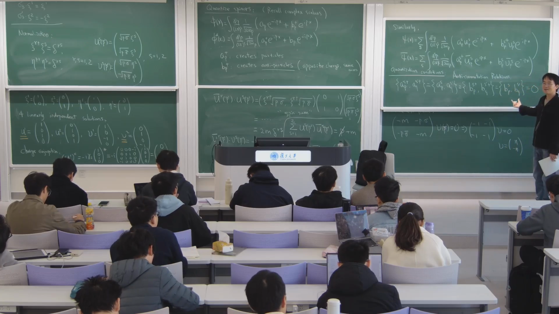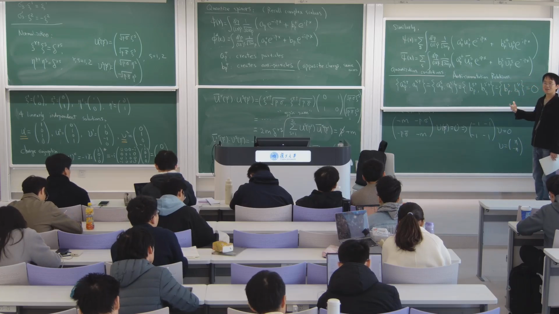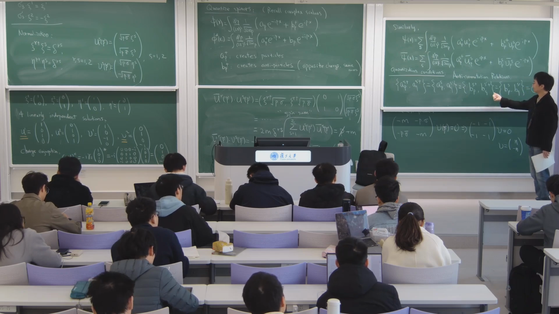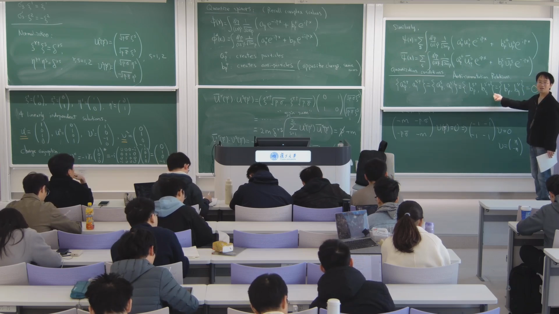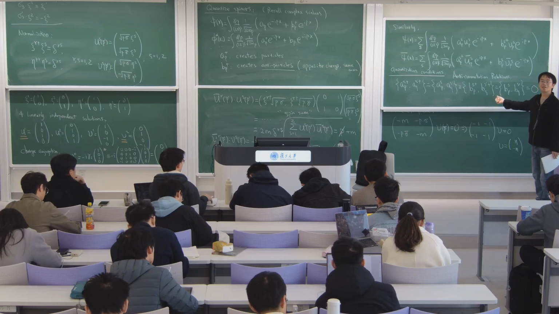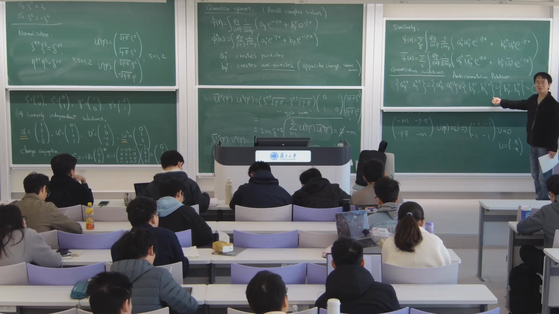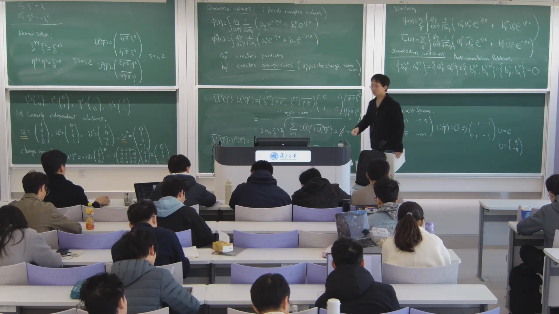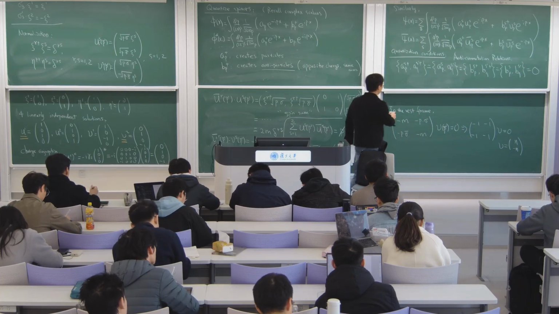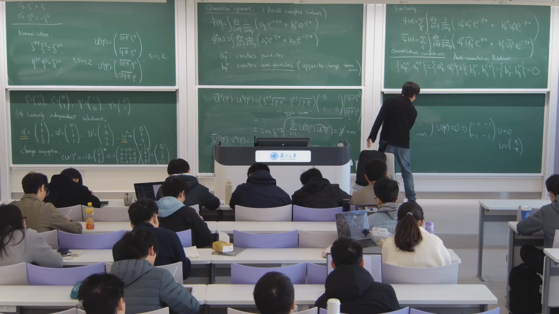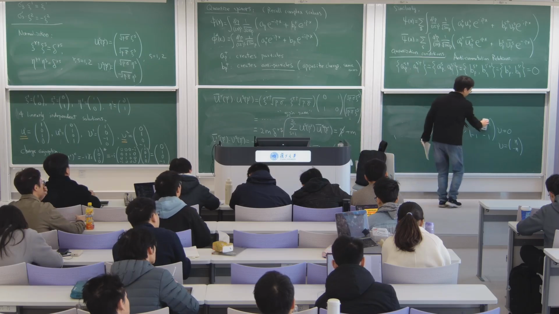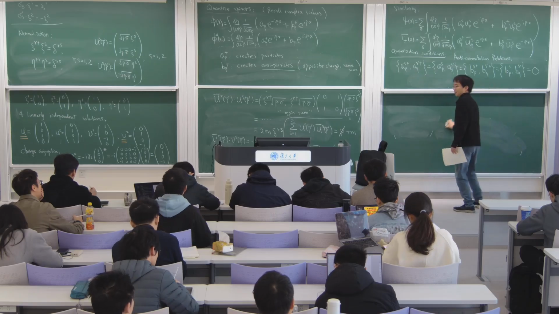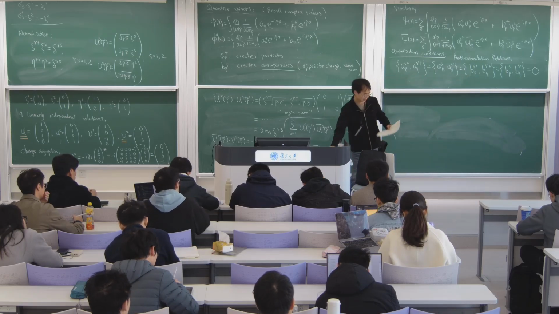Okay? Compared with the previous commutation relation, it's very similar, except the commutators are now replaced by the anti-commutator, right? You see? And the non-trivial part of this anti-commutation relation, of course, comes from this A A dagger or B B dagger.